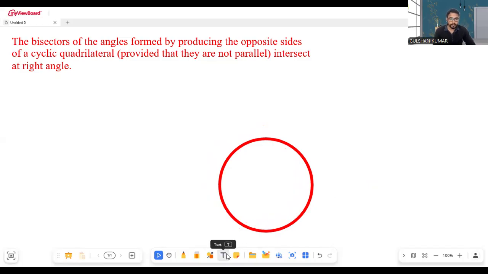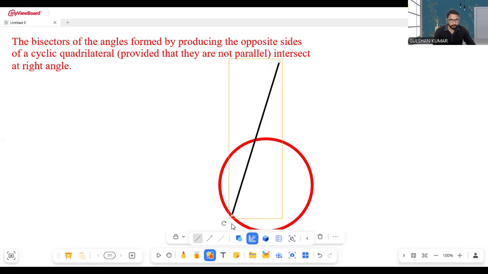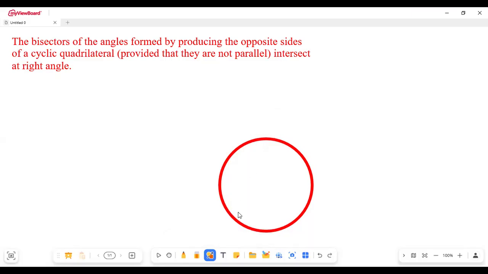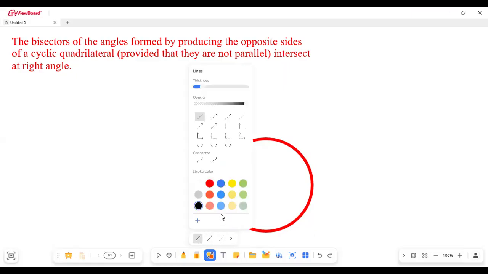So, starting with the circle, we have a quadrilateral. We are making this quadrilateral here.